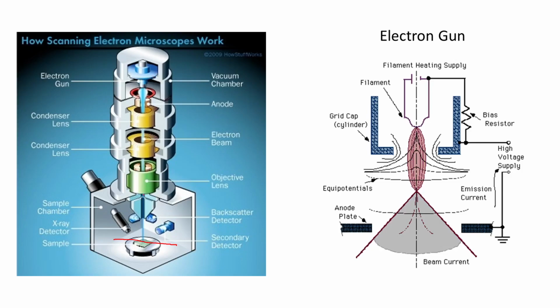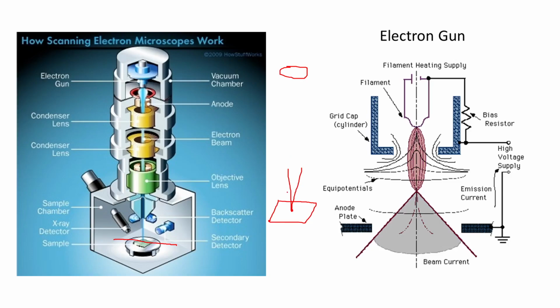Our aim is to have, if this is my specimen, a probe which has a pointed edge. That means if the electron source is providing this much electron beam and I require a small spot size, I am demagnifying the electron probe from this much diameter to this much diameter.